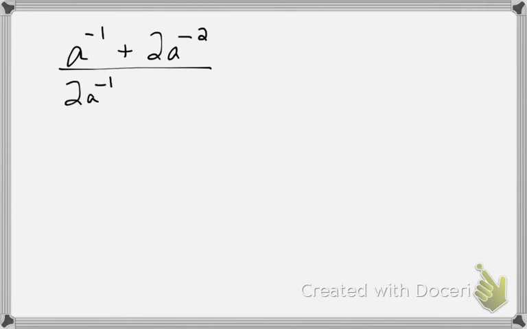What if I give you a to the negative 1 plus 2a to the negative 2 over 2a to the negative 1 plus parentheses 2a to the negative 1. Spoiler alert, this is a complex fraction.